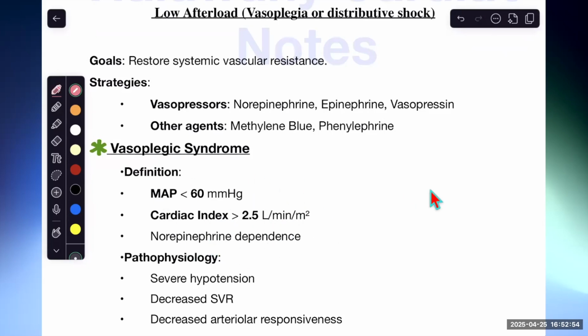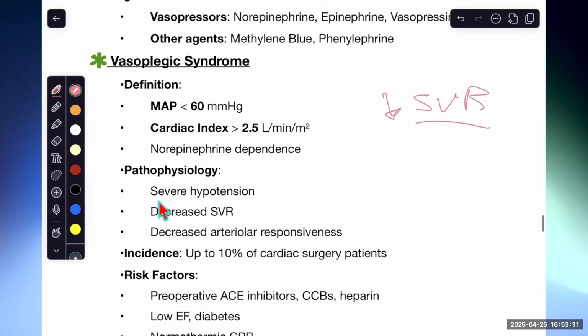So it's not preload, it's not contractility, it's not heart rate, it's just a severe decrease in the SVR only. Okay. Strategies are using norepinephrine, epinephrine, vasopressin, methylene blue, phenylephrine, whatever. Okay. What's the pathophysiology? Severe hypotension, decreased SVR, decreased arterial responsiveness.